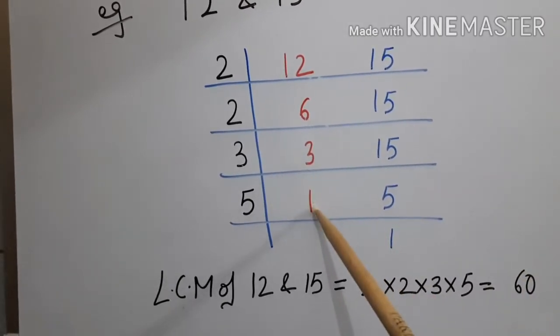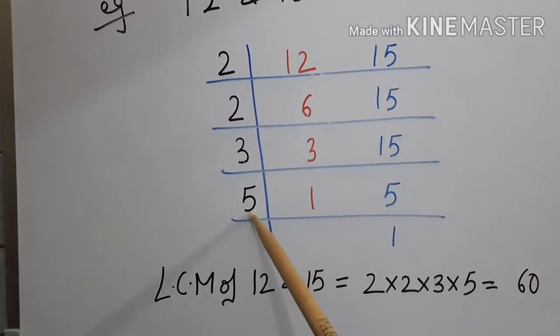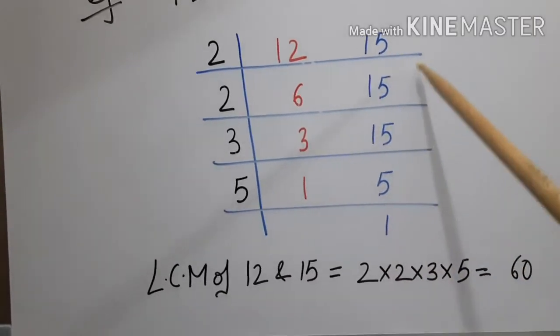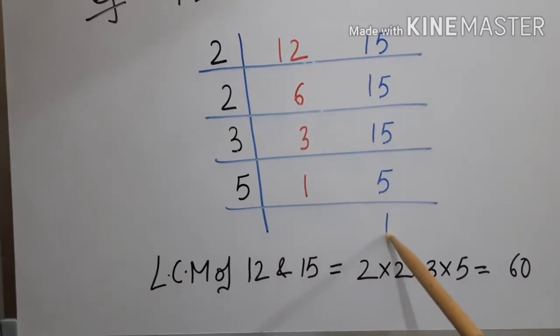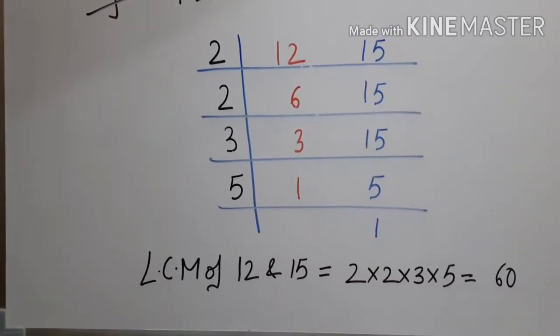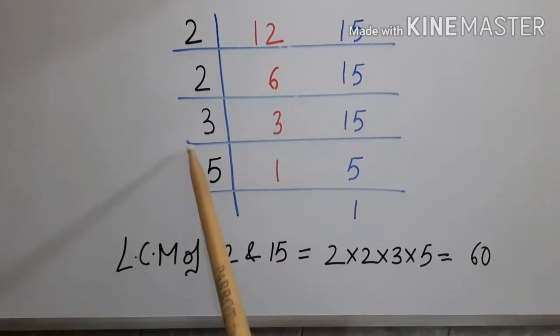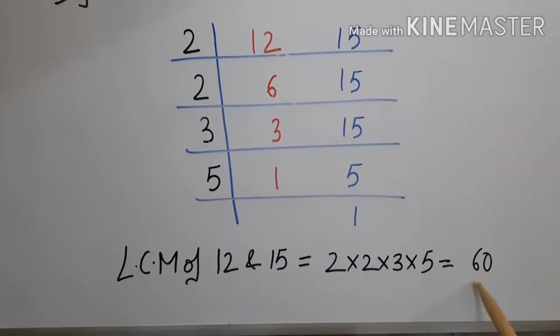As it comes 1, this one will be done. But now 5 1s are 5. We keep doing this till we get 1 at the end. So what is the LCM of 12 and 15? It is 2 multiply 2 multiply 3 multiply 5, that is equal to 60.